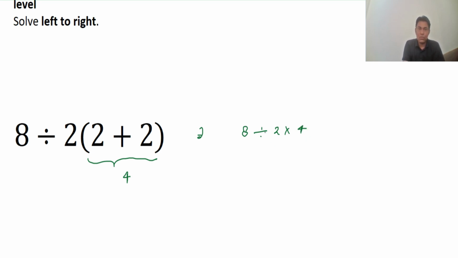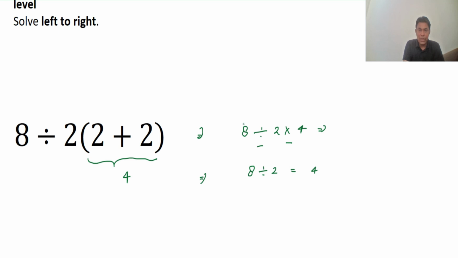Here two operations, division and multiplication, appear together. They share the same order of precedence, but we will calculate from left to right, whichever appears first. Here division appears first, so we will calculate 8 divided by 2 first, which gives the result 4.